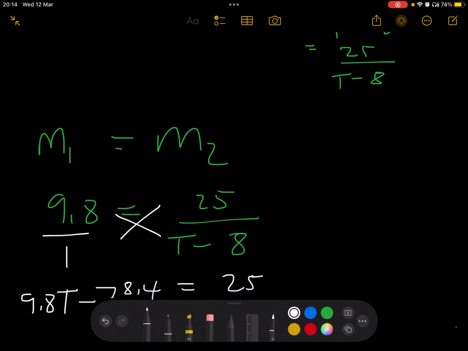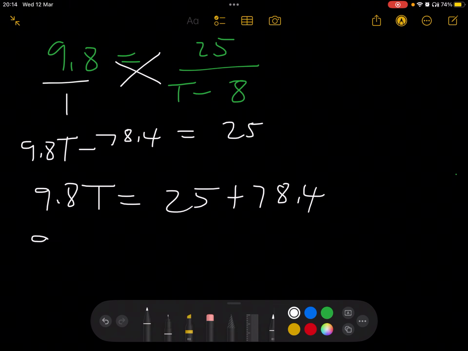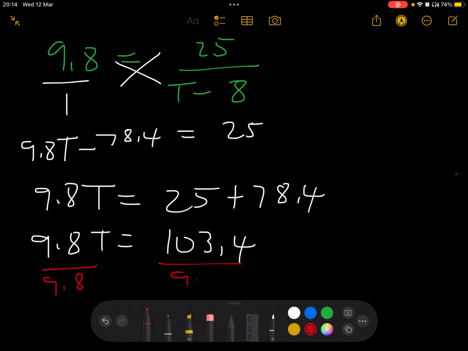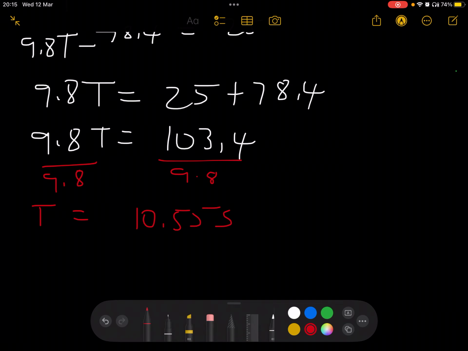That gives 9.8t equals 25 plus 78.4, so 9.8t is equal to 103.4. Dividing both sides by 9.8, we get t is equal to 10.55 seconds.